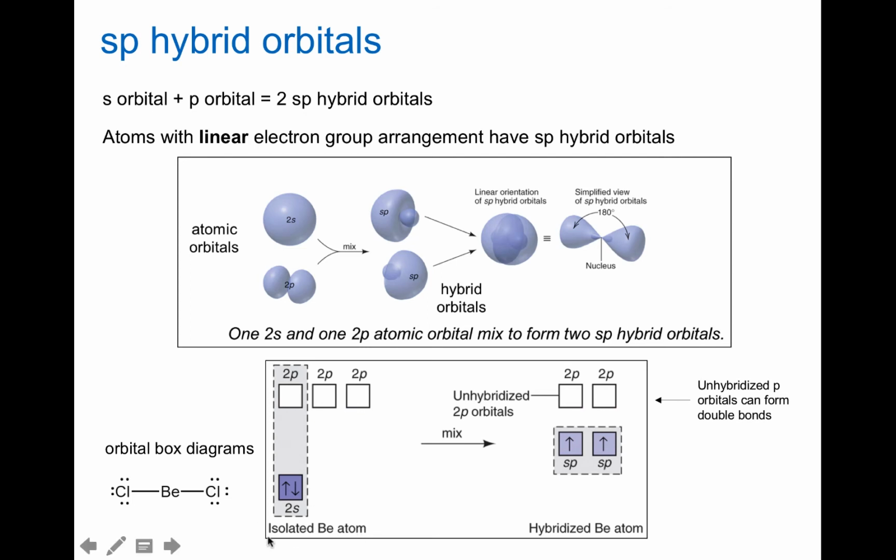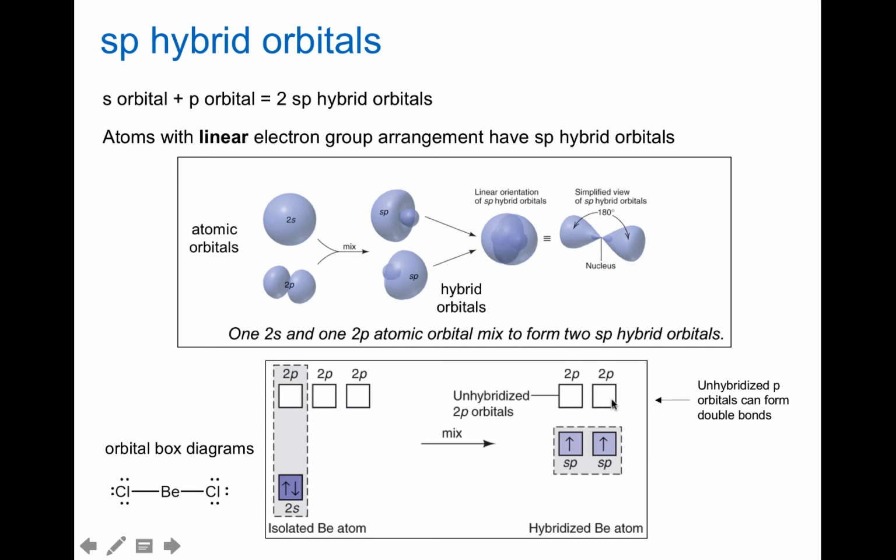If we look at the atomic orbitals from chapter 8, beryllium has 2 valence electrons, and those 2 valence electrons are in the 2s atomic orbital. When beryllium goes to make the molecule, it takes that 2s orbital and one of the 2p orbitals to make a total of 2 sp hybridized orbitals. Then it takes those 2 valence electrons and distributes them into the hybridized orbitals.